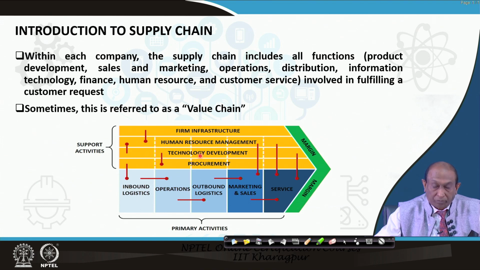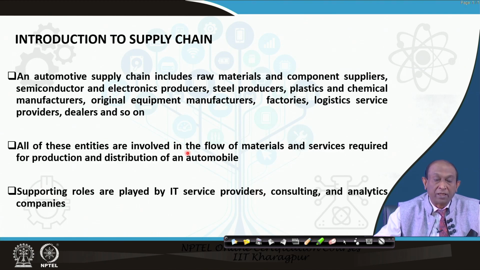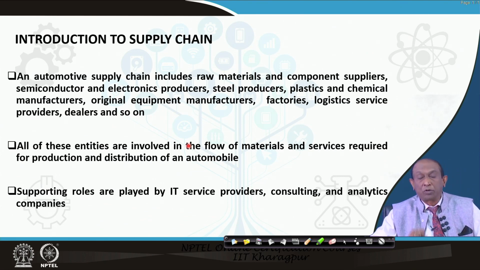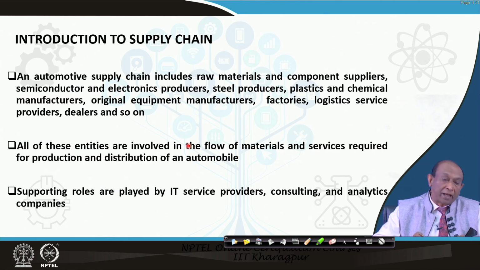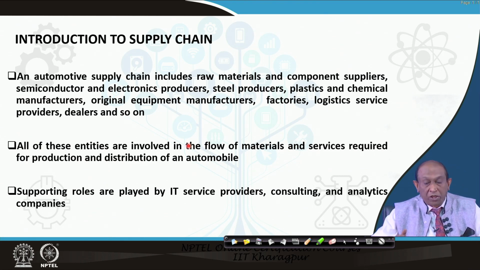So, what we basically see is, let us look at an example first. An automotive supply chain basically includes raw materials and component suppliers, semiconductor and electronics producers, steel producers, plastics and chemical manufacturers, original equipment manufacturers, factories, logistics service providers, dealers and so on.